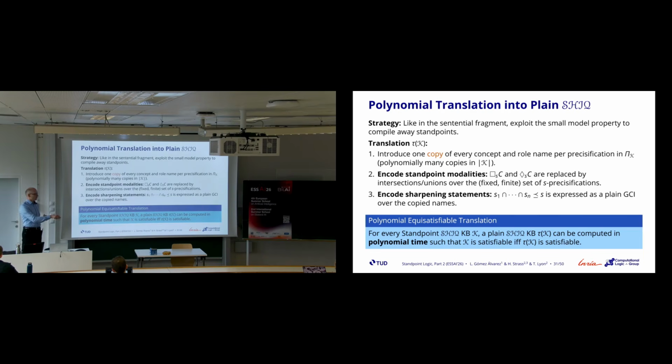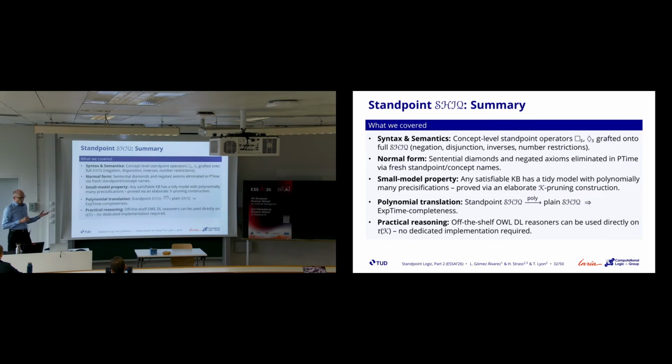Right? So the original knowledge base is satisfiable if and only if its translation is satisfiable. So we essentially keep the semantics, modulo then having a different vocabulary, but the idea is that from any model of our translation, we can reconstruct a model of the original knowledge base. And so this essentially allows us to compile away these standpoint modalities and use existing reasoning systems for SHIQ, for example, so more or less out of the box.